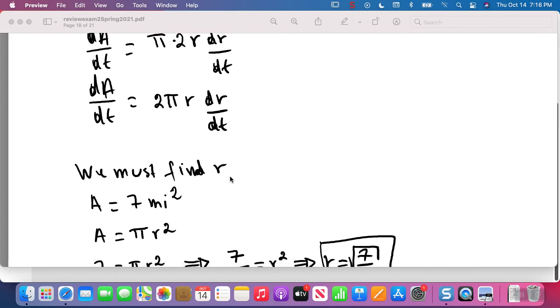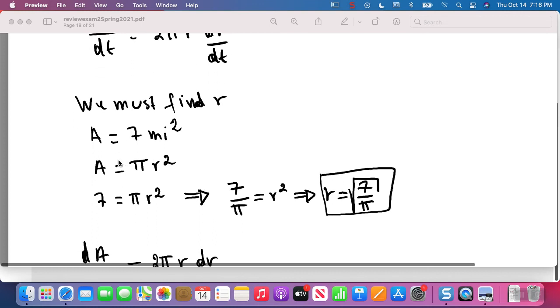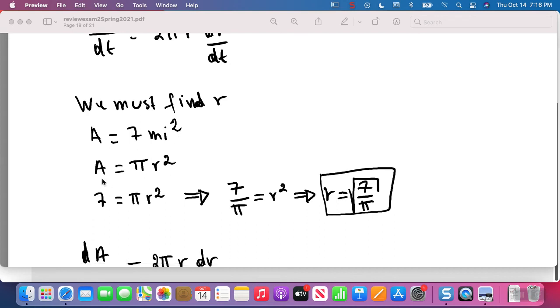They did not give us r; they gave us the area instead. So we can use the area equation to find r. The area is 7 square miles, and A equals pi times r squared, so solving for r we get r equals the square root of 7 over pi.